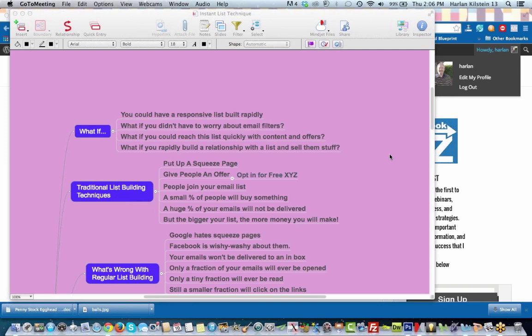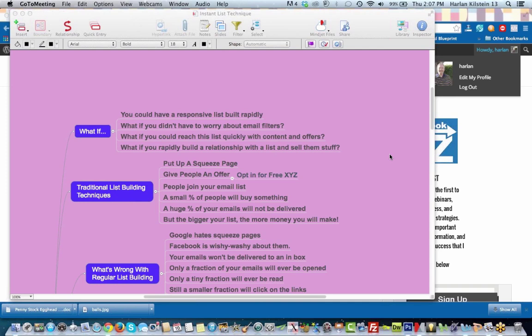Like in the history of direct marketing, there was always the dream of finding an offer so good that you could mail to all the names in the phone book. Unfortunately, it would be a very poor way of doing business, because just mailing because you have someone's name, just because you have their address, assuming that they're going to be interested in your offer is probably one of the biggest mistakes that people could make in business.